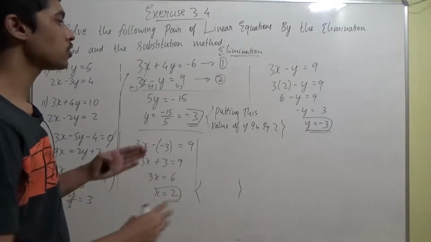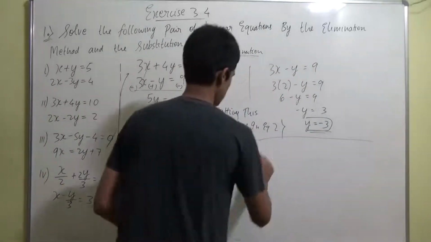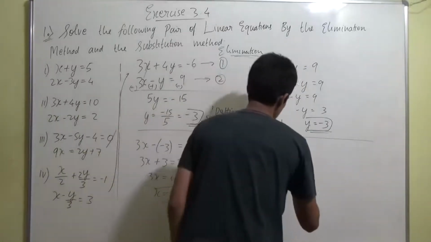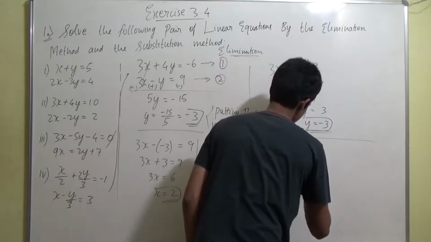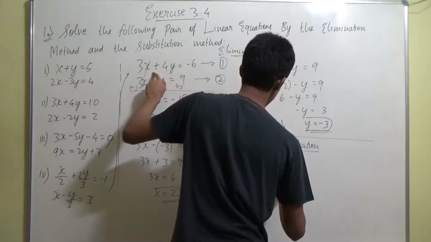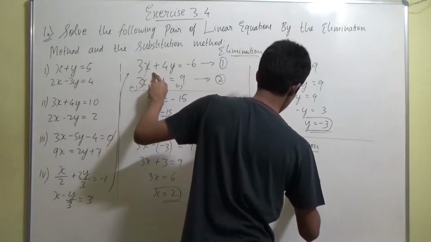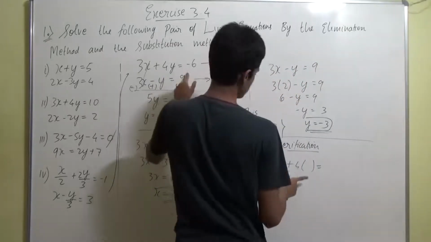If you want, we can verify this. So let me do the verification step here. I'll verify with equation 1 first. In place of x and y, I'll put the values. We have to get the RHS after putting in the LHS.